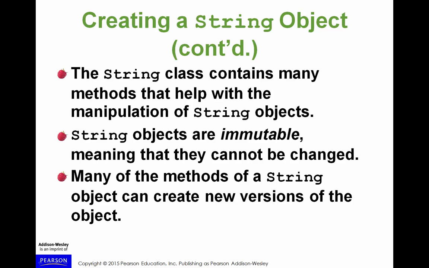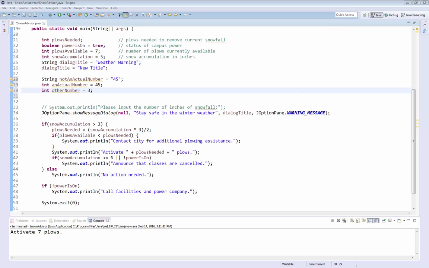There are ways to reinterpret a string as a number. If a string contains numeric data, you can get that integer data out so that you can do math on it, for example, because a string with the digits 4, 5 in it is different from the actual integer 45.